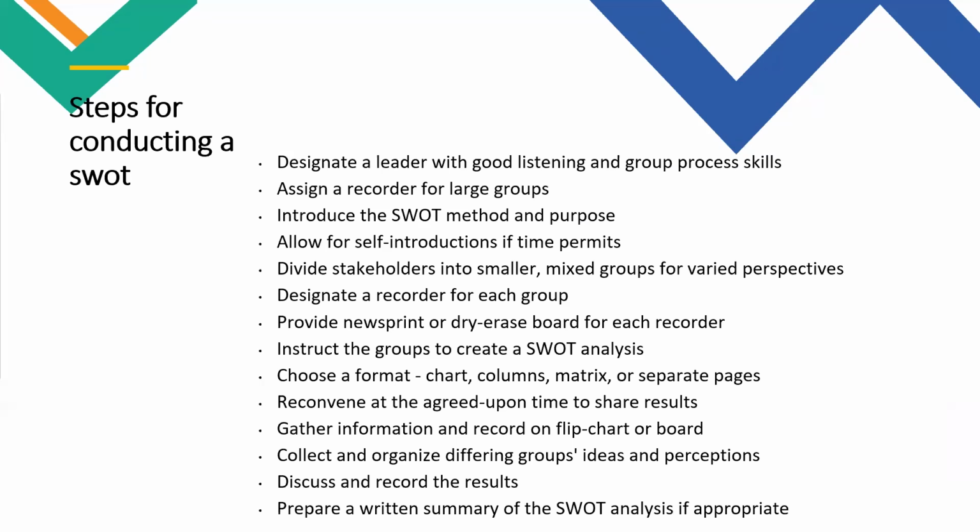You designate a leader or group facilitator who has good listening and group process skills, and who can keep things moving and on track. You don't want to get stuck on any one thing. You want to just get the list first on the strengths, weaknesses, opportunities, and threats before you analyze. But you want to get a full list at that time.